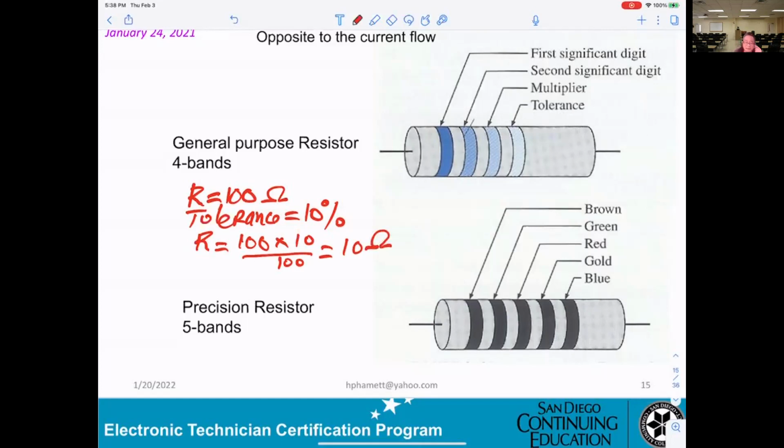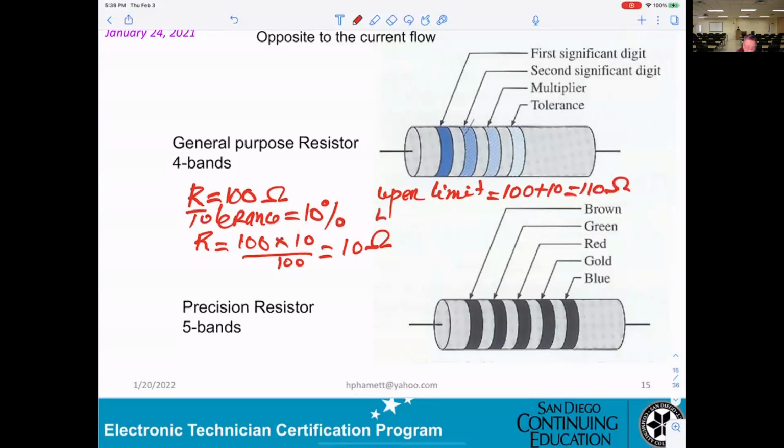So when we get the tolerance of 10 ohm, then we need to get the upper limit. UL equals 100 plus 10, 110.